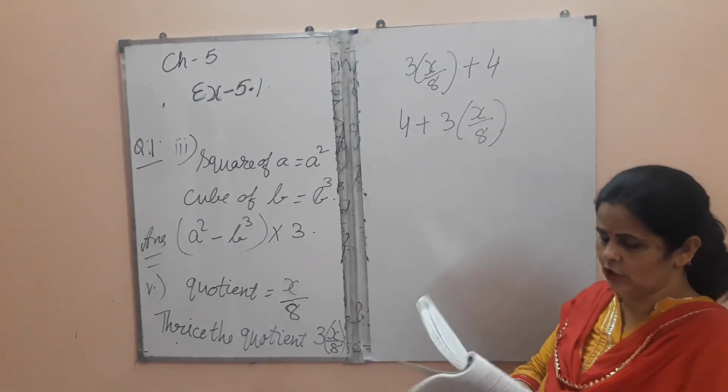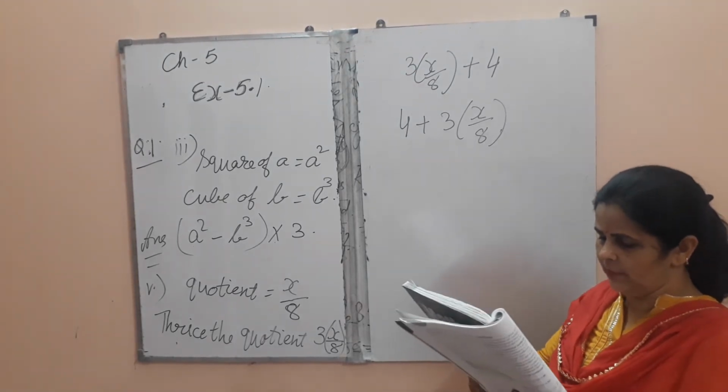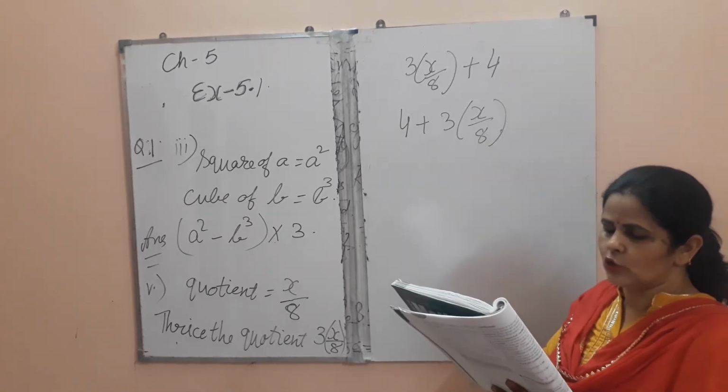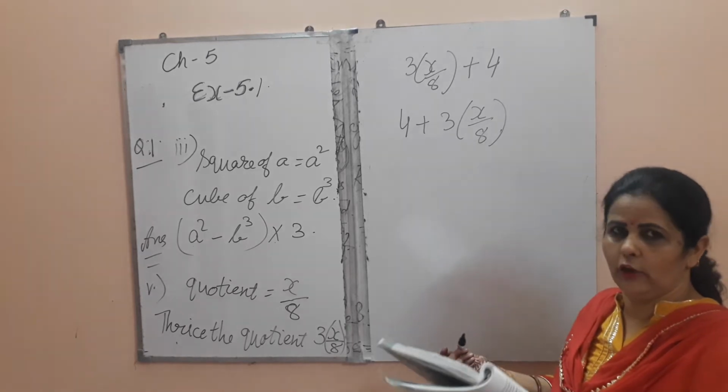Next, second question. One mango weighs 80 grams and an orange weighs 65 grams. Find the total weight of x mangoes and y oranges.